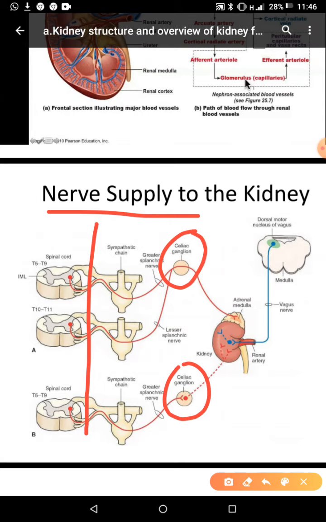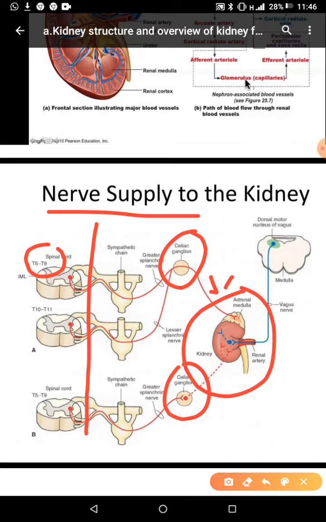If you can check from what segment, T5 to T9, they are originating from the spinal cord, and then the preganglionic sympathetic nerve synapses into the celiac ganglion, and then from the celiac ganglion, this is called the post-synaptic sympathetic. It innervates the kidneys.